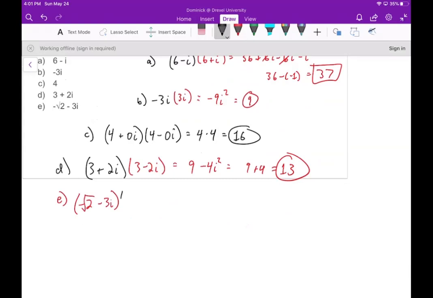So then if we multiply by the conjugate, negative square root of 2 times negative square root of 2 will give me a positive 2. And then the middle terms will cancel, and then minus 3i times plus 3i is minus 9i squared. So that's going to give us a 2 plus 9, which will give us an 11.